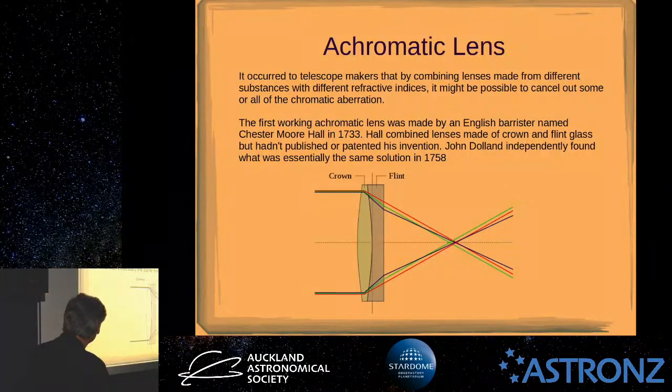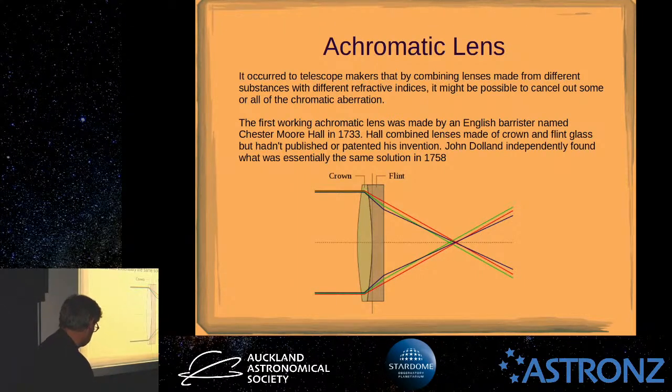Okay, so if you're buying a refractor nowadays, the cheaper ones actually always have at least 2 lenses in the objective. There are various combinations, but the idea is you combine 2 different kinds of glass, and you can make use of the fact that their refractive indexes are different, and by cunning design you can bring 2 colours to the same focus.